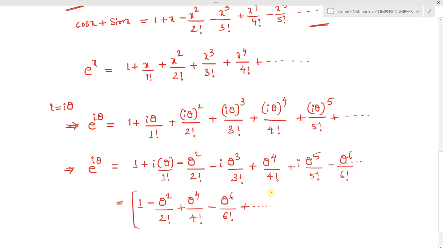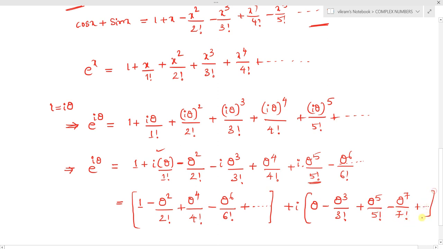These are all the real parts. If I take i as common, the second term will be written as θ by 1 factorial minus θ cube by 3 factorial plus θ power 5 by 5 factorial, and next minus θ power 7 by 7 factorial, and plus, this will continue.